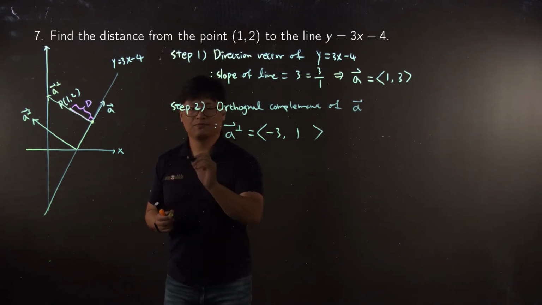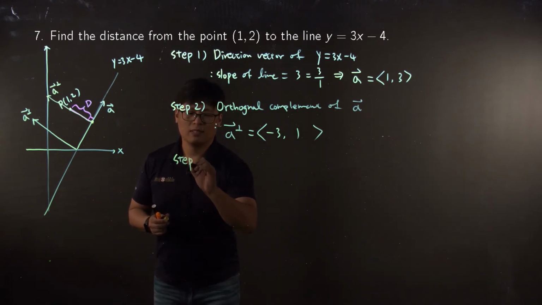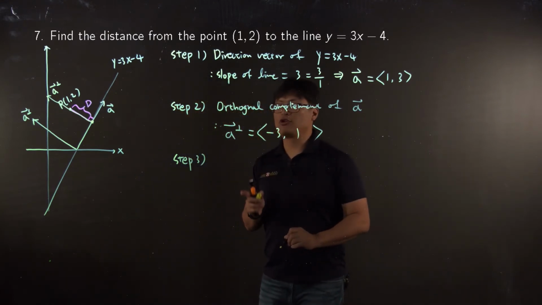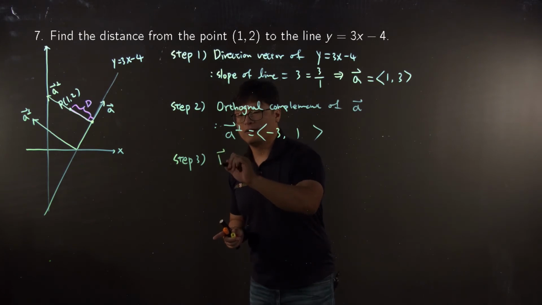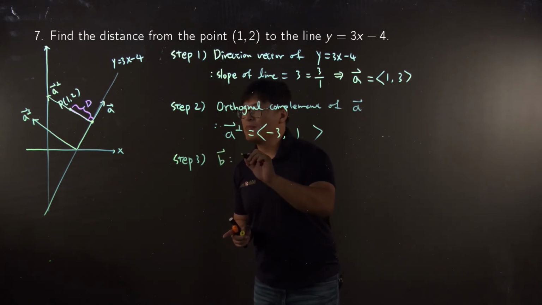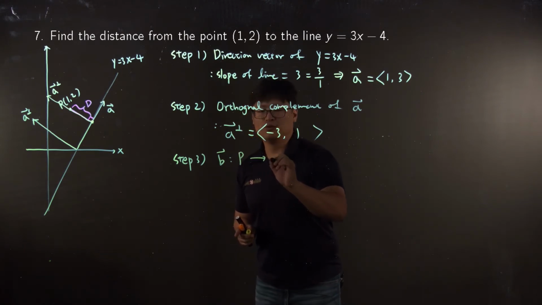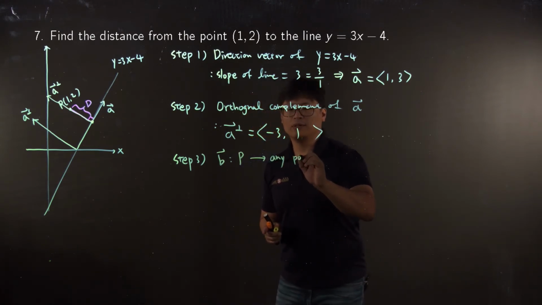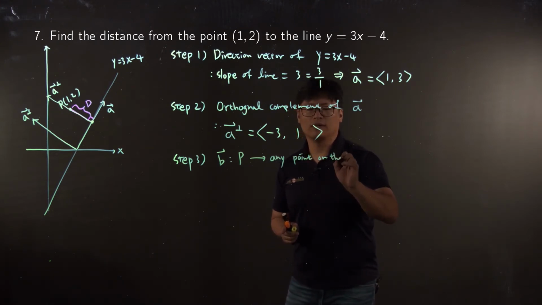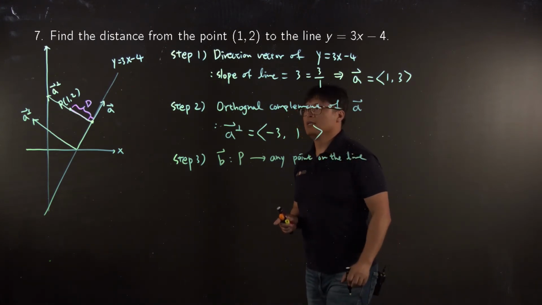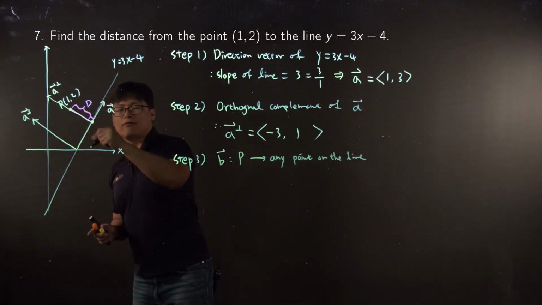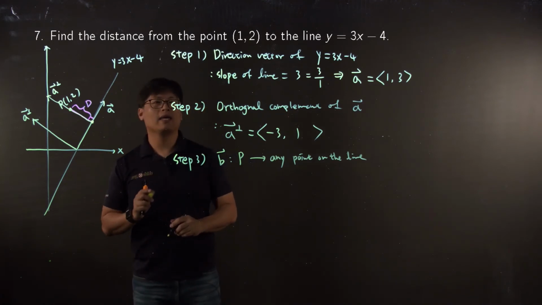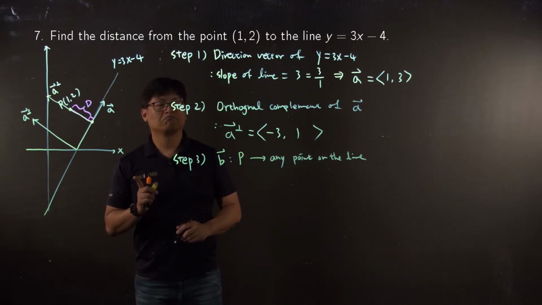What is step 3? Step 3 is always a little bit tricky. You have to construct one new vector V, which must go from point P to any point on the line. It doesn't matter which. For practice, let's use the y-intercept.